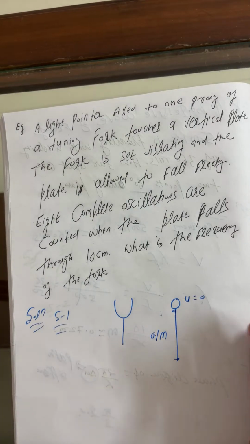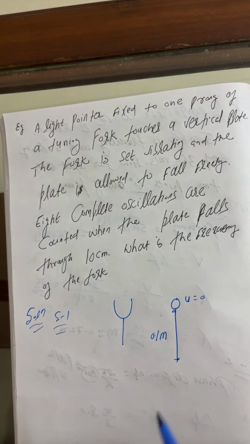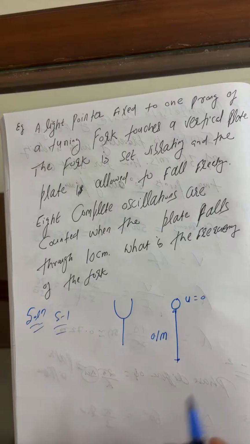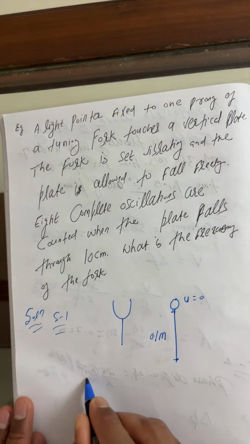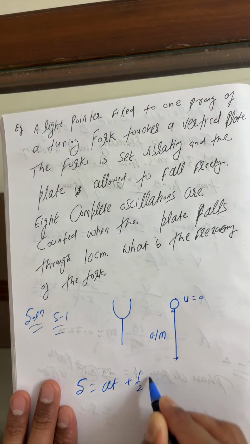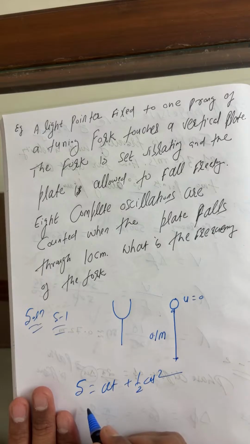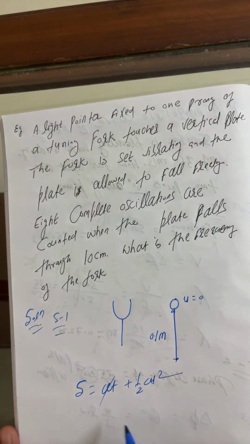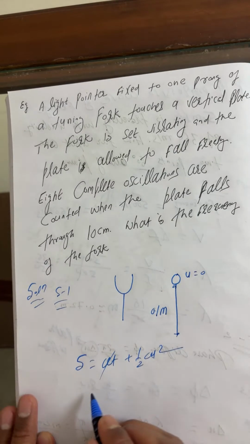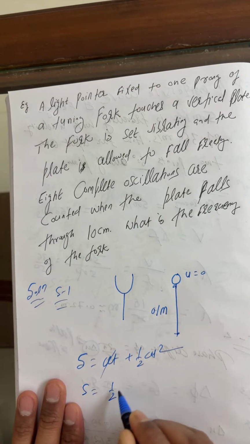The plate is falling under gravity, so g remains constant. So we use the second equation of motion in kinematics: s equals ut plus half at square. Finally, s equals 1 by 2 g t square.